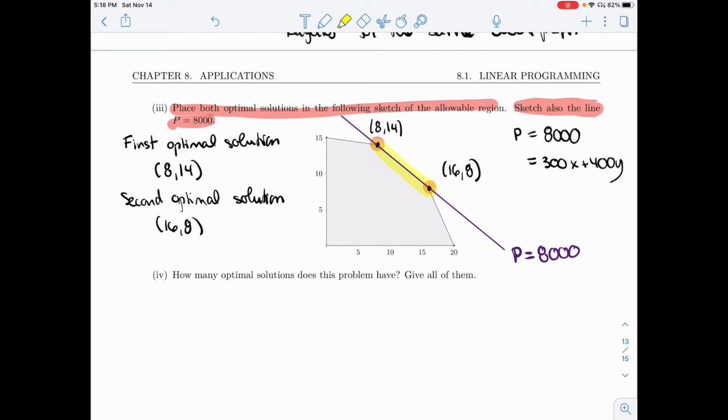All right, so we're asked in part 4 to say how many optimal solutions this problem has and give all of them. Well, anything on that line would work.